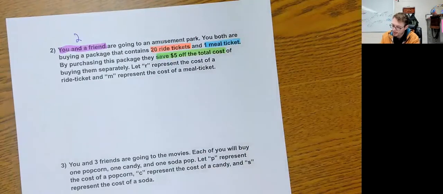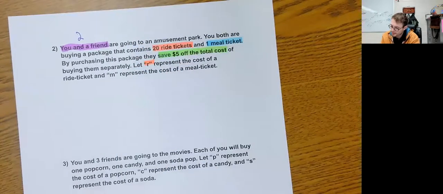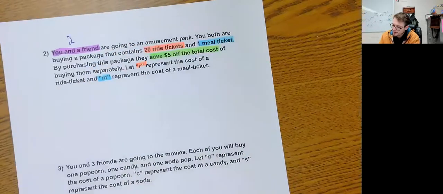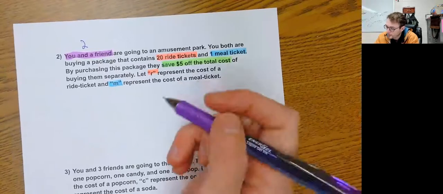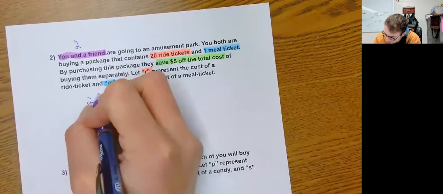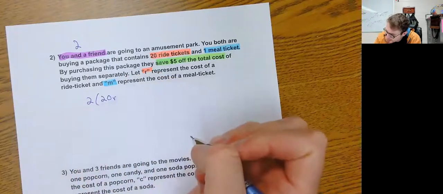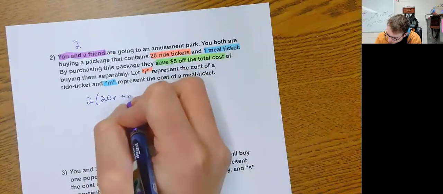All right, and we are going to let R represent the cost of the ride tickets, and we're going to let M represent the cost of a meal ticket. So what's a way we can write this out? Well, we have 2 people, we're getting 20 ride tickets, and we are getting 1 meal ticket.